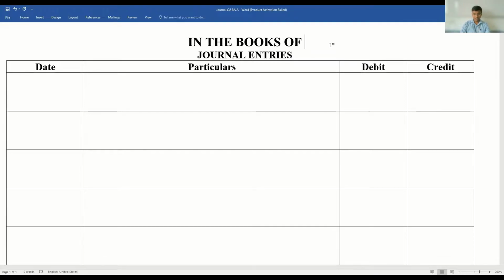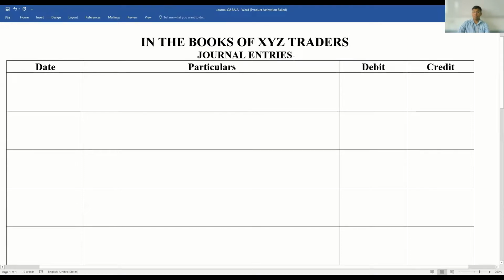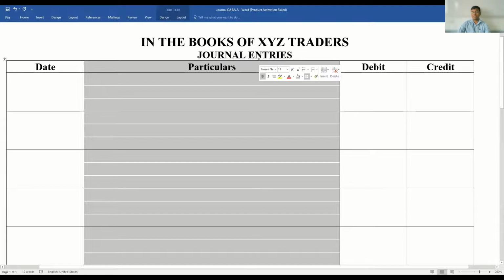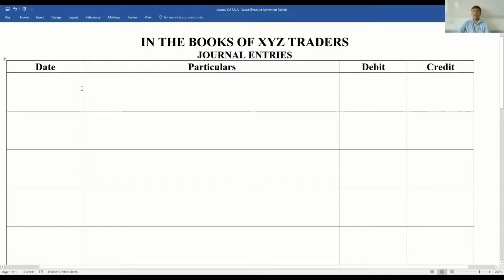We know that these books of accounts belong to XYZ Traders. So we will mention the name on top, and we are preparing the journal entries. We are already familiar with the format of the journal. It has date, particulars, debit and credit columns.